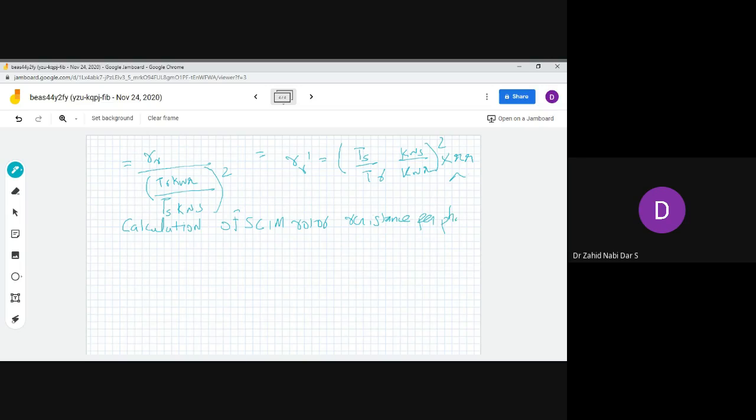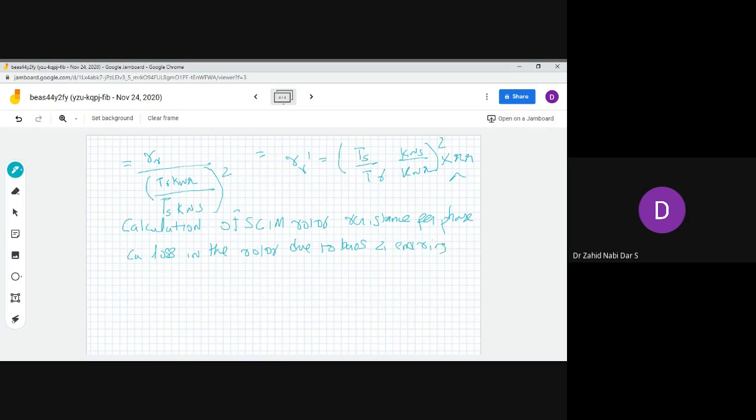If we have to understand this, first of all we have to understand the copper loss in the rotor due to bars and end rings.